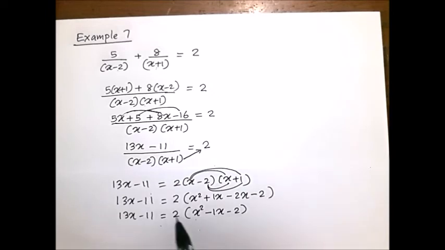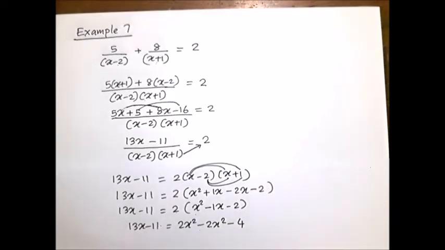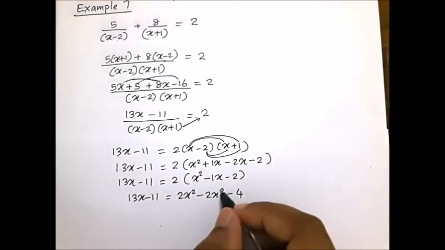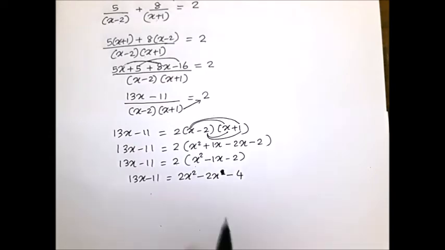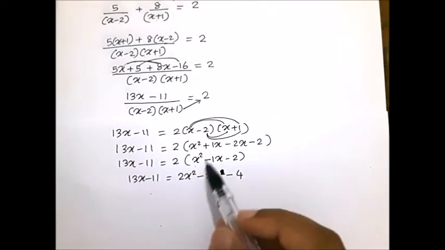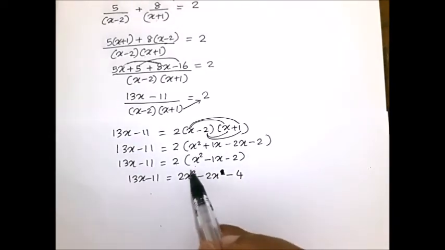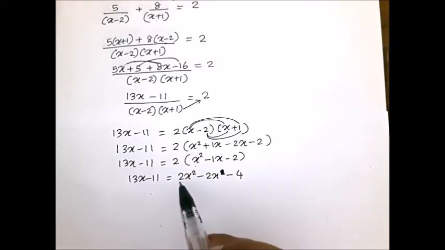Then remove this bracket by multiplying by 2. 2x to the power 2, 2 multiplied by minus 1 is minus 2x to the power 2, 2 multiplied by minus 2 is minus 4. Here x only, 2 multiplied by minus x is 2x. Then the coefficient of x to the power 2 is plus 2.